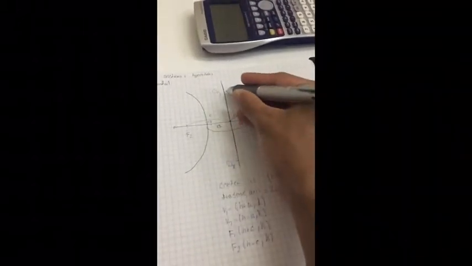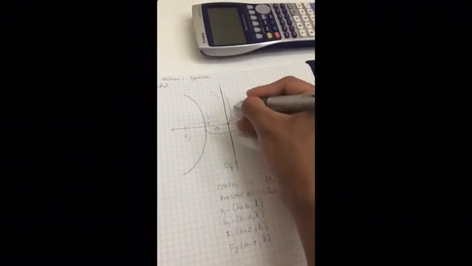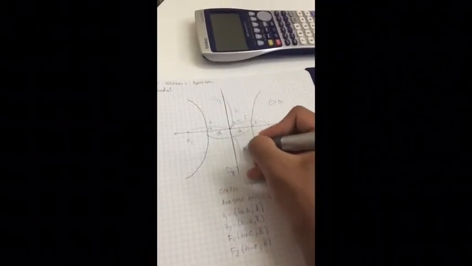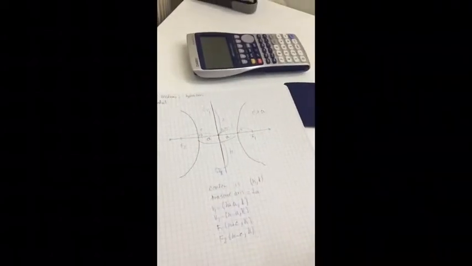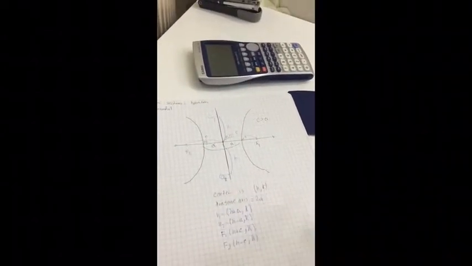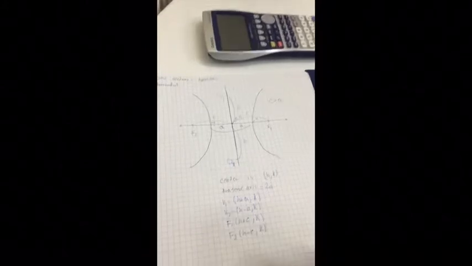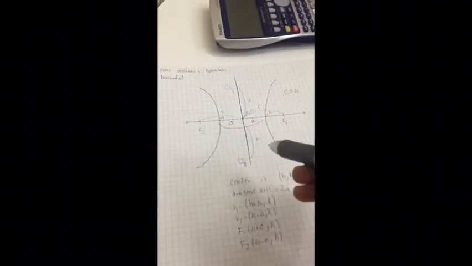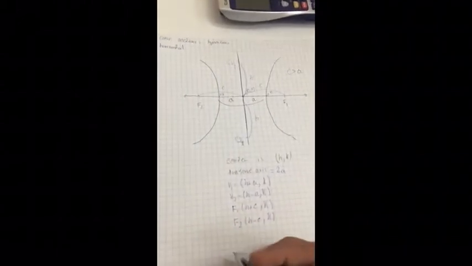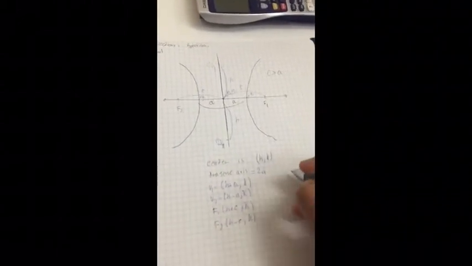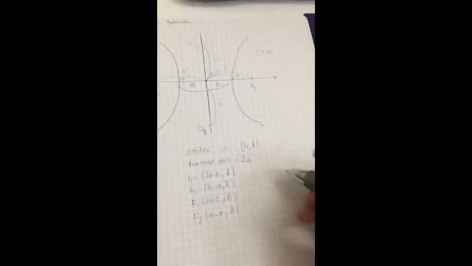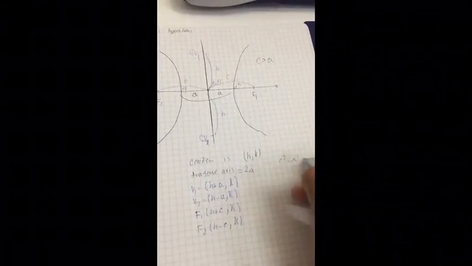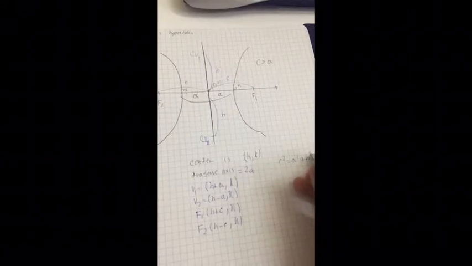So this is b. It doesn't matter whether b is greater than a or a is greater than b, but c is always greater than a and greater than b. So the Pythagorean theorem here is c squared equals a squared plus b squared.